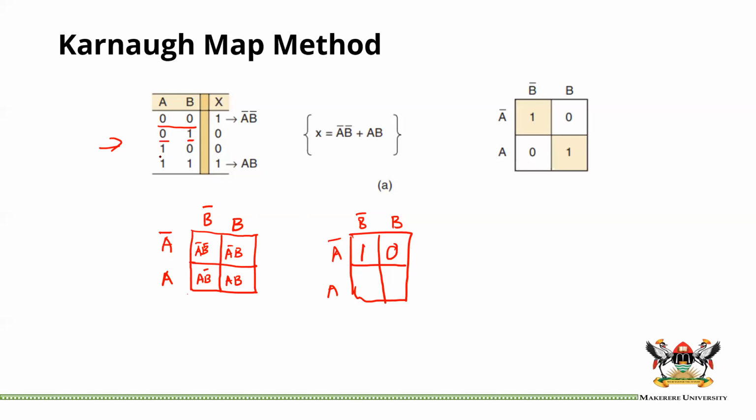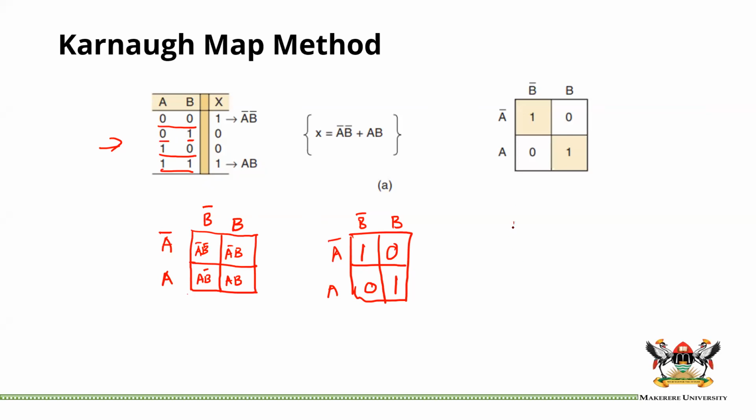The A, B inverse, that's also a 0. And then finally, AB is a 1. And now I have filled up my table. Okay, we are going to look at looping in a moment, but for now, let us first concentrate on how we can fill the table.